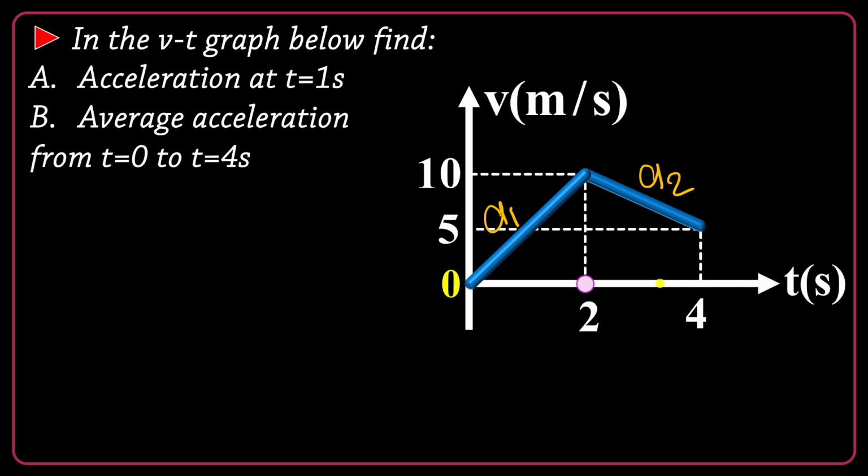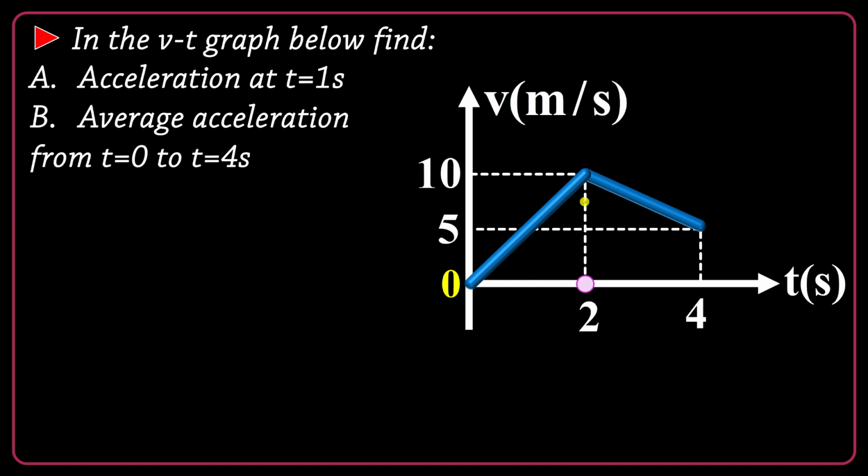Okay, t equals 1 is part of the first line. 1 is here, somewhere between 0 and 2. So at t equals 1, or every moment between 0 to 2, acceleration is the same. It's a1 because it's a line. So let's just consider the slope of the graph from 0 to 2.